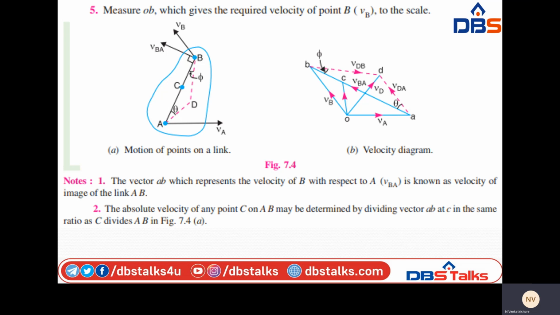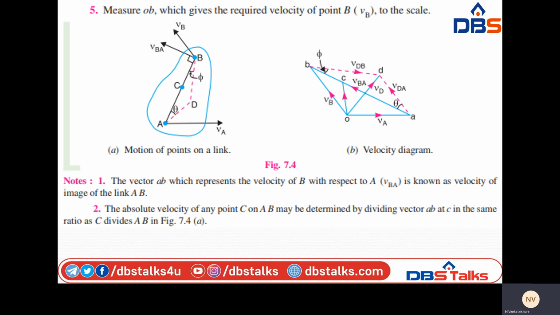After that, join O with the velocity vector of the B point. Then measure the OB, which gives the required velocity of the point B to the same scale. Then note here the vector OB, which represents the velocity of B with respect to A. It is known as the velocity image of the link AB.